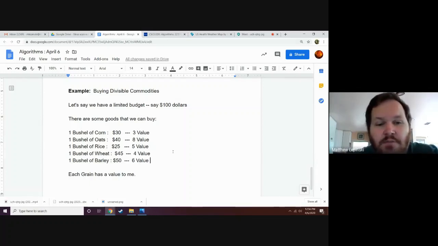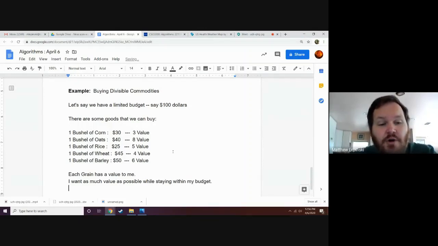Again, I'm just making up these numbers, but the goal is that each grain has value to me. I want as much value as possible while staying within my budget.